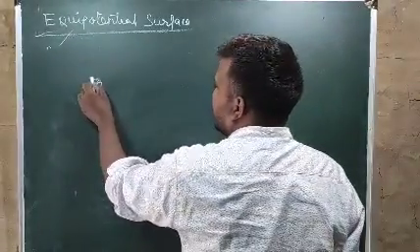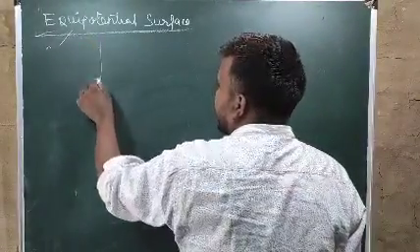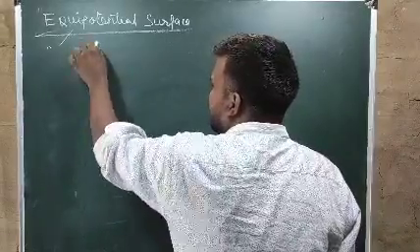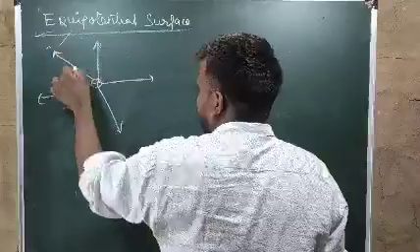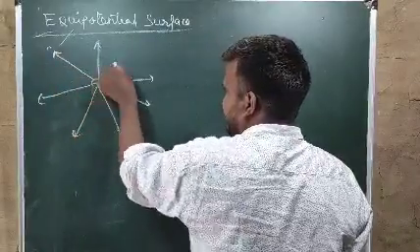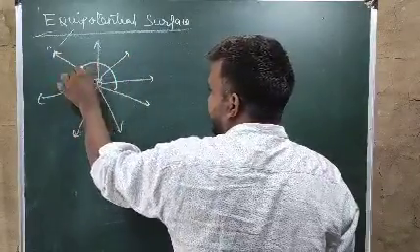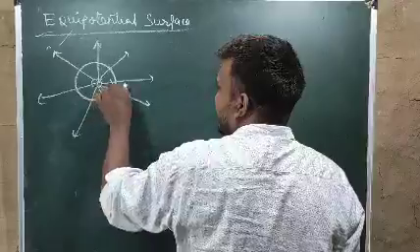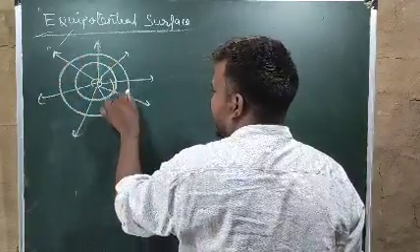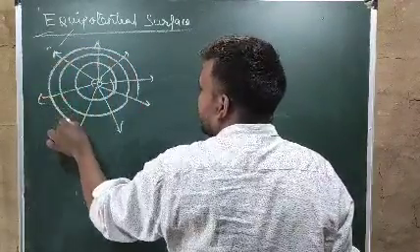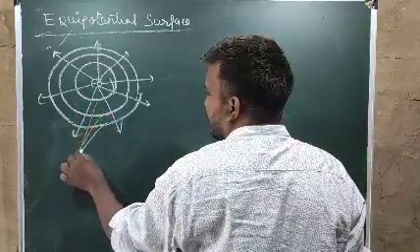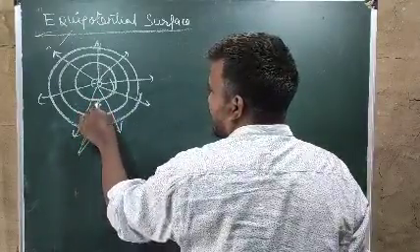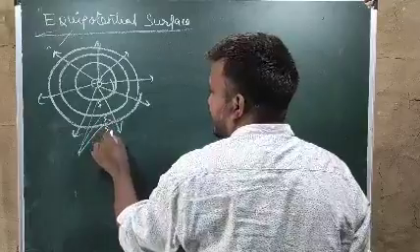For one positive point charge, this is the pattern of the electric field. So you just draw spheres around it. These are the equipotential surfaces: this is S1, this is S2, and this one is S3.